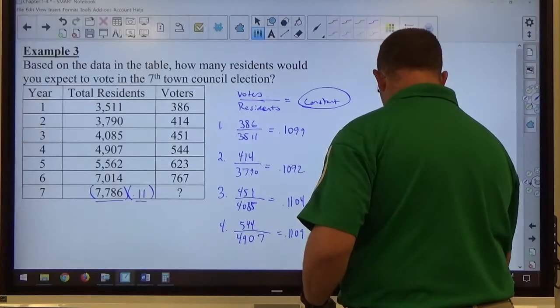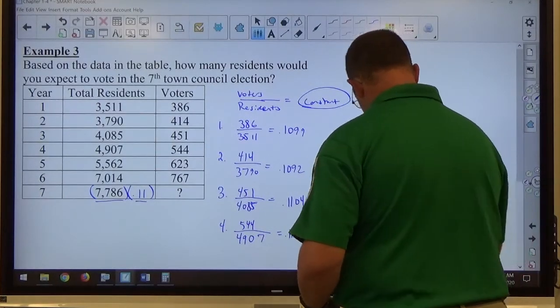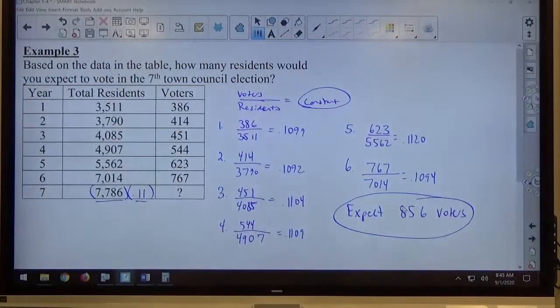I'm going to go with 856 people, or voters. Partial people don't exist. So that's a situation where people is the answer, voters is the answer. A whole number makes sense, not a decimal number. So when we get a decimal, we round. I would say somewhere in that neighborhood of voters is what we should expect for turnout.